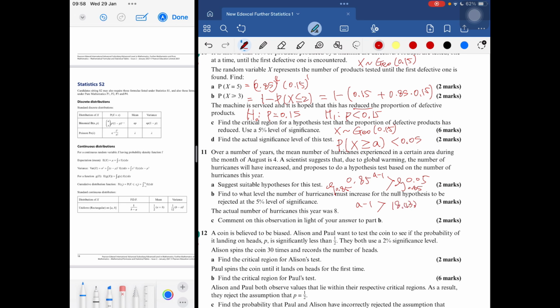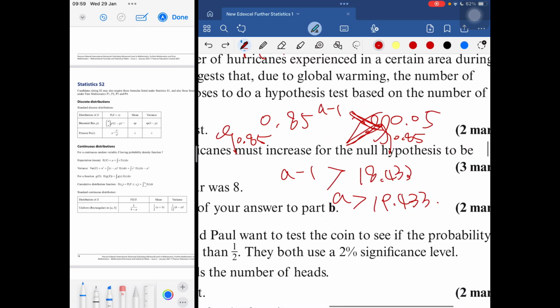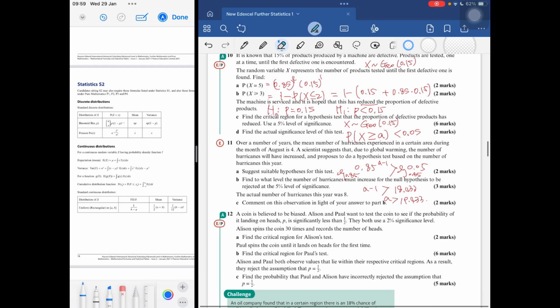A minus 1 is 18.433, so A is 19.433. So the critical number is like this.